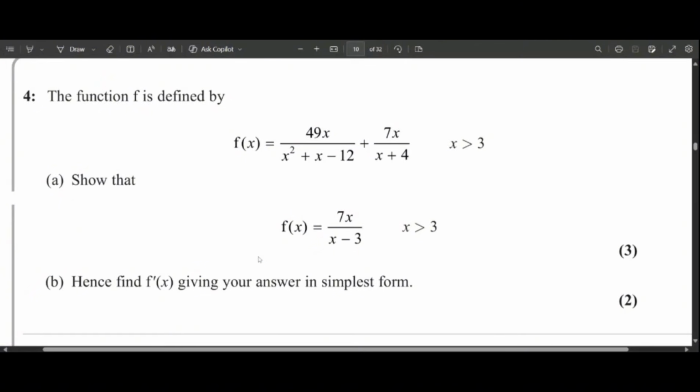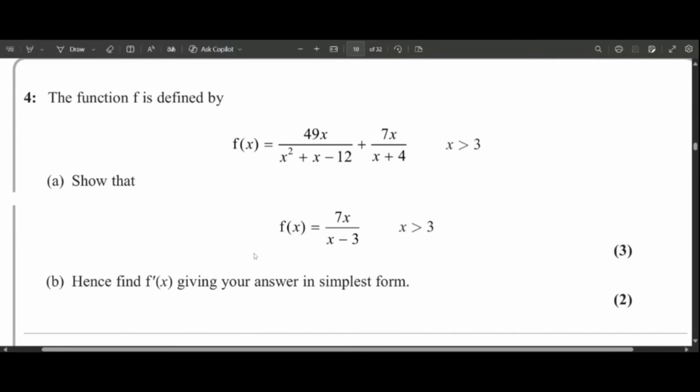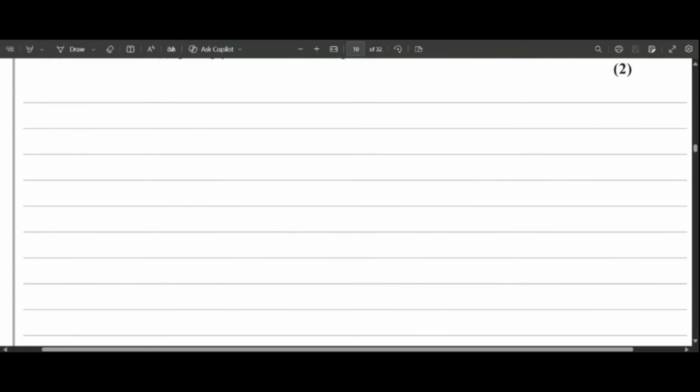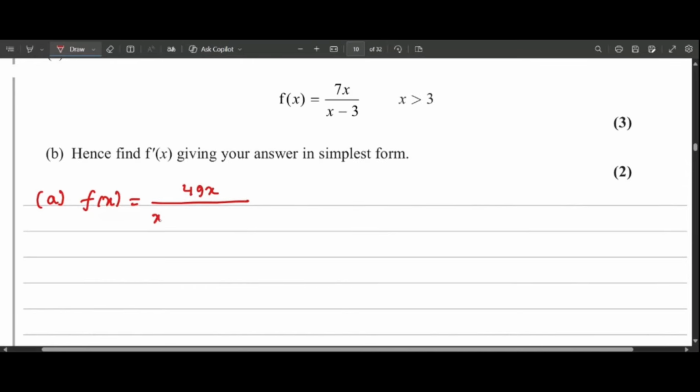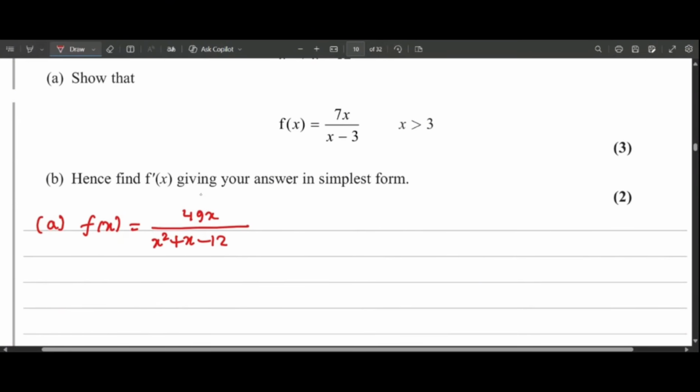So let's start solving this. For part A, we know that f(x), our function, is equal to 49x divided by x squared plus x minus 12, plus 7x divided by x plus 4.